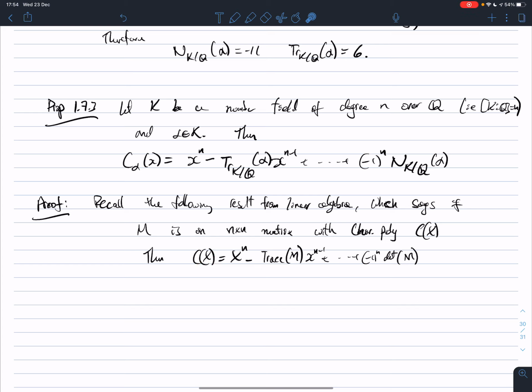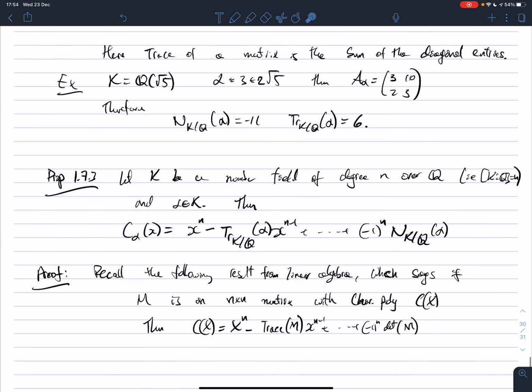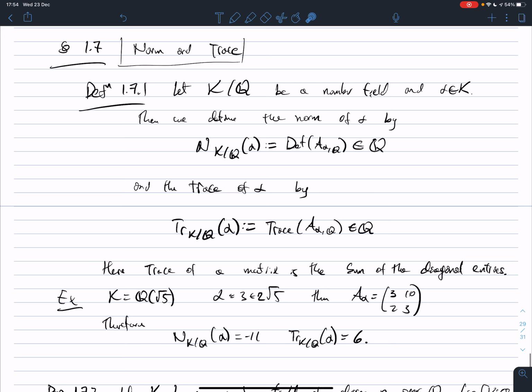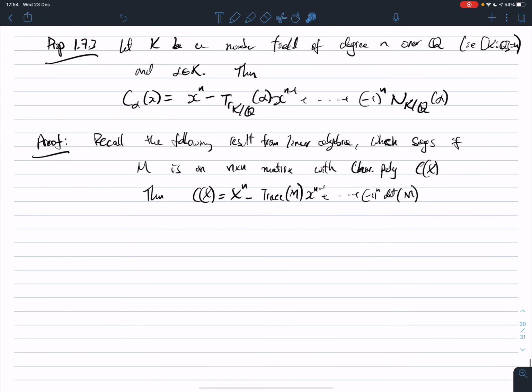If you find the characteristic polynomial of a matrix, the last entry of it is going to be the determinant up to some sign, and the second coefficient here is going to be the trace of your matrix. But if you combine this with our definition of what the norm and the trace were, which were to be the determinant and the trace, then you see that if I take c of alpha, the trace of alpha is meant to be the trace of the matrix, and this is meant to be the determinant of the matrix, and so we get the result.